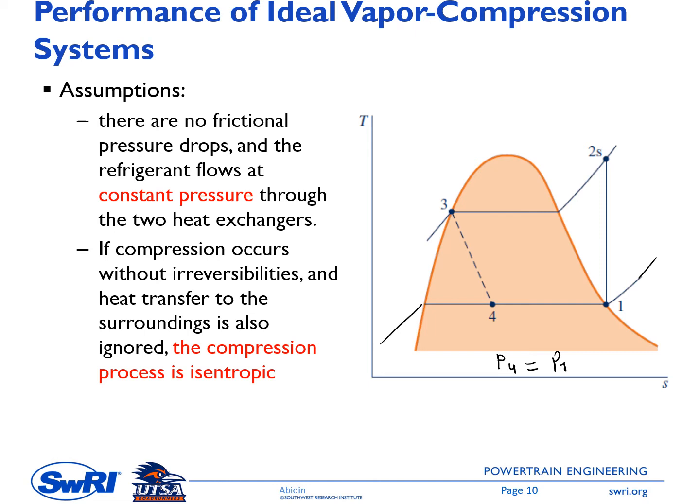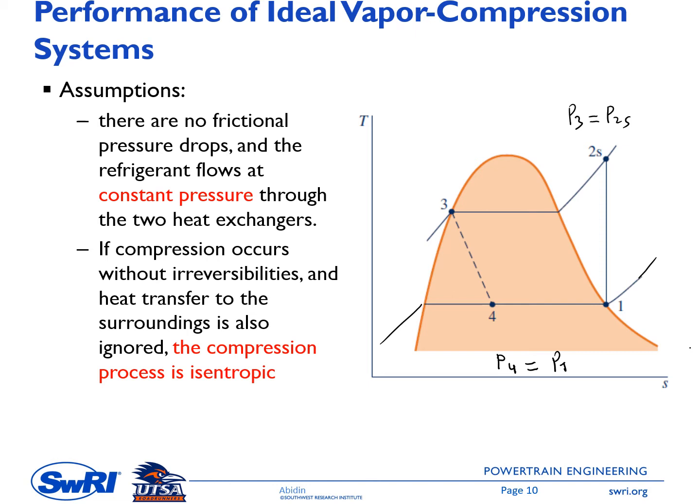The second one is this one. In this case P3 equals P2S. So there is no pressure drop inside the condenser. And the next one is if compression occurs without irreversibilities and heat transfer to the surroundings is also ignored, this means that the compression process is isentropic.